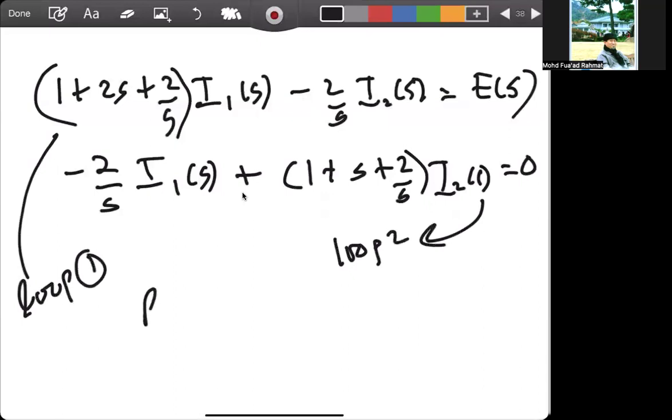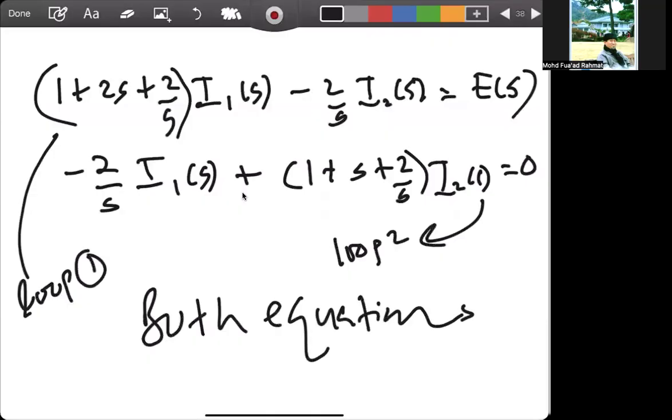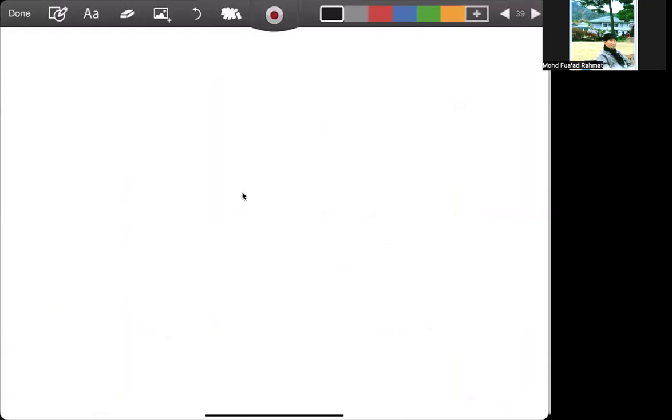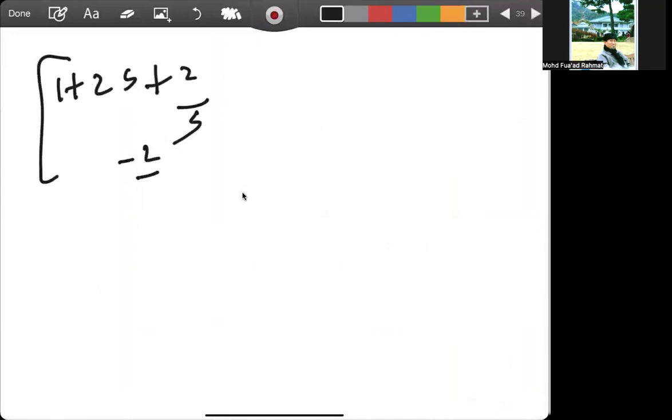Both equations are in matrix form. Okay, 1 plus 2S over 2 over S, minus 2 over S.